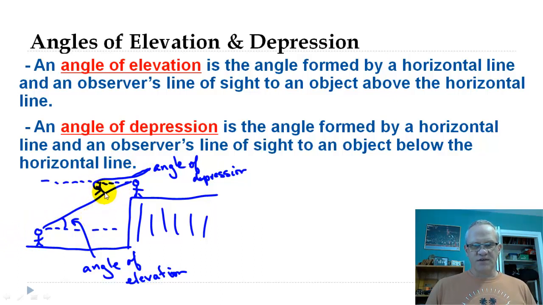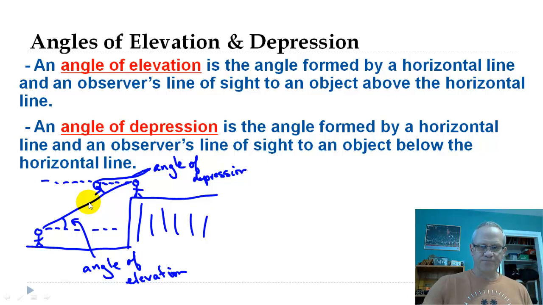So this angle of depression and this angle of elevation in this example will both be exactly the same because they're alternate interior angles, when we have two parallel lines and a line cuts through them. When we work out some problems in a little bit, we're going to use that to our advantage.